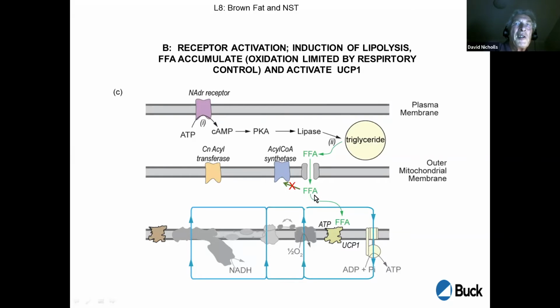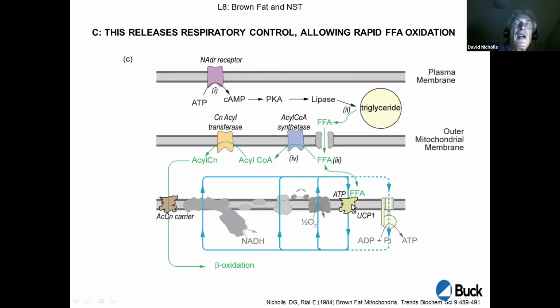The fatty acid instead starts to accumulate and to bind to the uncoupling protein. It reaches the stage when the proton conductance is sufficient to allow rapid respiration. Fatty acids are activated to acyl-CoA, acyl-carnitine, and oxidized at a high rate. This is the thermogenic rate of rapid oxidation, where the fatty acid is at the same time activating the uncoupling protein and acting as substrate.